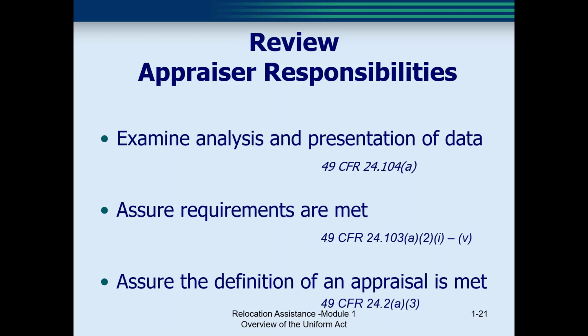Through an examination of the appraiser's analysis and presentation of data, the reviewer determines if the appraisal is in compliance with the requirements set out in the regulations, and he evaluates the appraiser's conclusions. The review appraiser must recommend the appraisal before it can serve as a basis for establishing just compensation. The reviewer may either be an employee of the agency, or he may be a fee reviewer who is under contract with the agency.